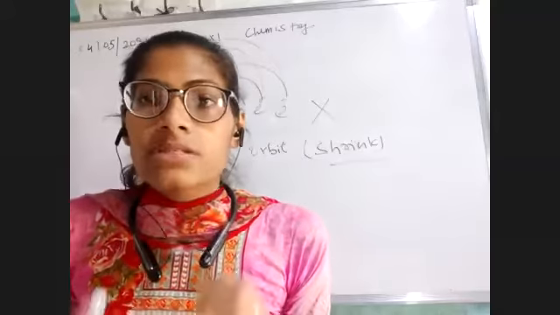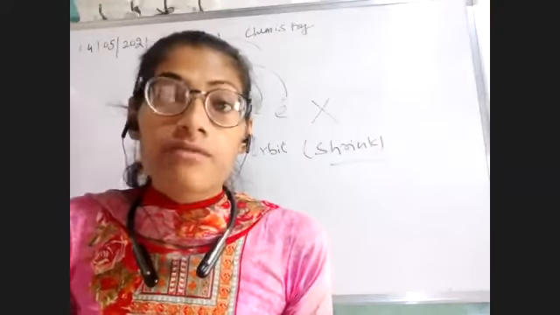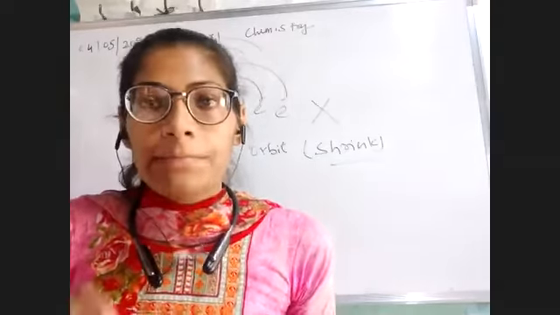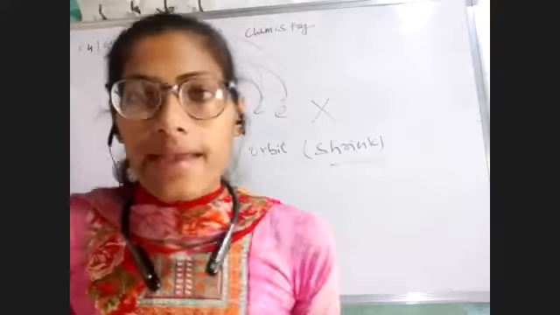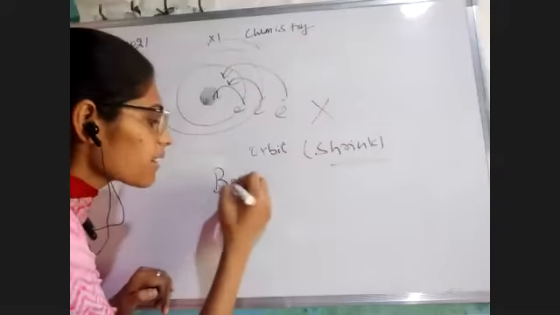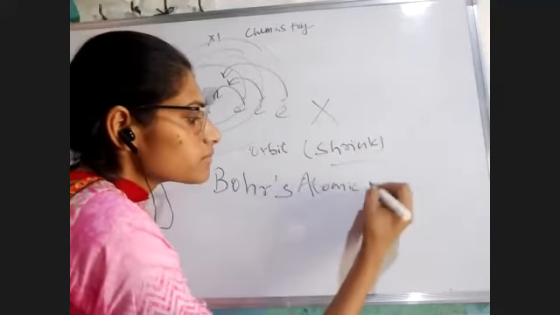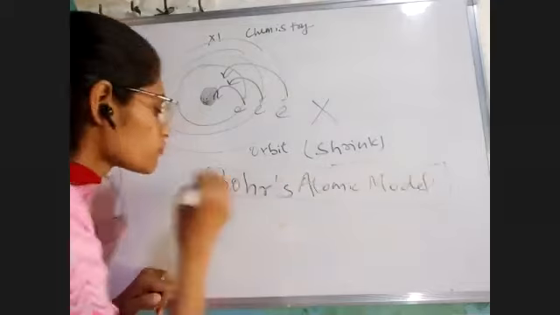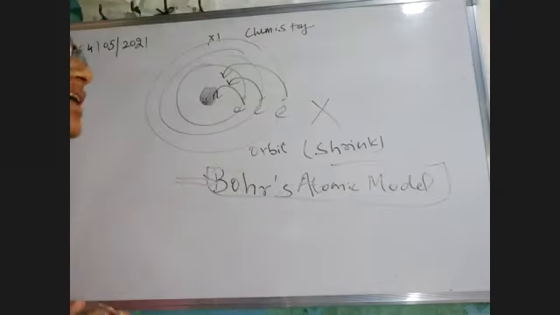Due to these limitations, Rutherford's model, which was quite reliable, was rejected after some time. But it was further modified, and after modification was given another name, Bohr's atomic model, which we would study in our next class.